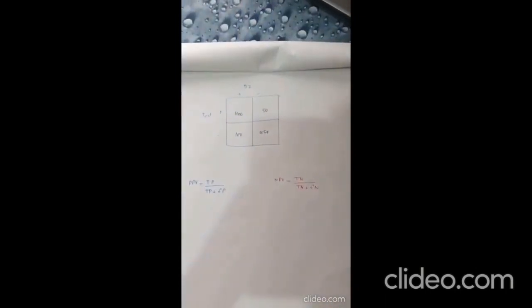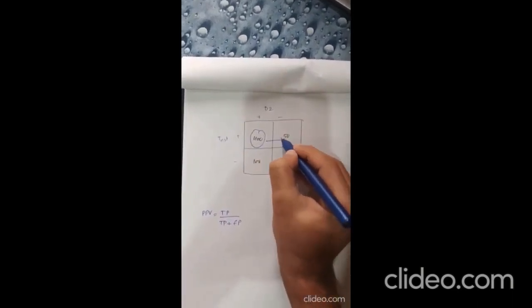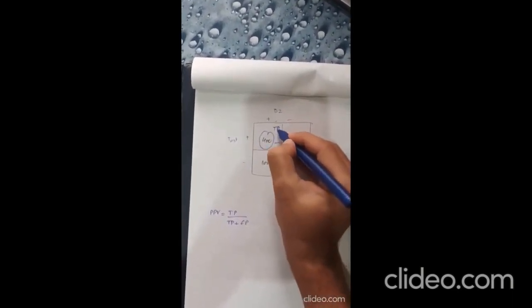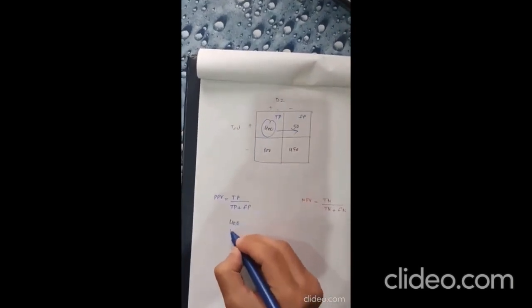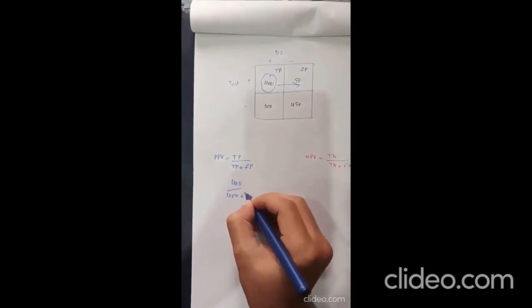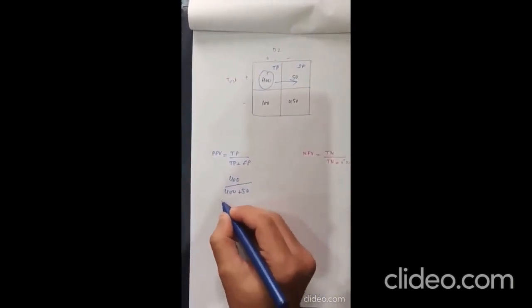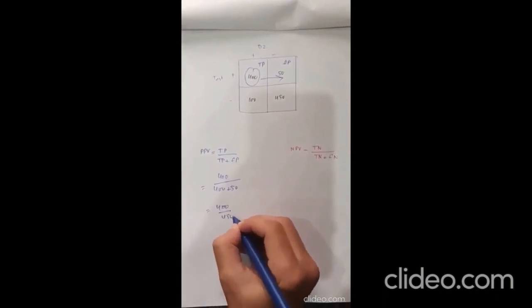I have already made the same thing for positive and negative predictive value. As we have learned, for positive predictive value, we will move from this side to this side. These are the true positives. These are the false positives. So 400 upon 400 plus 50 equals 400 upon 450.